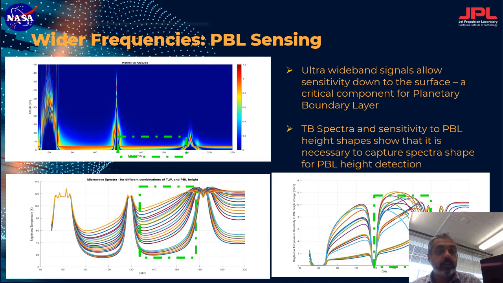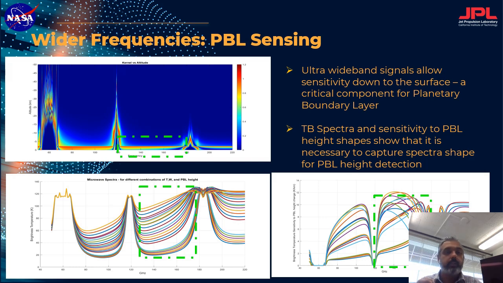So the top left plot is an example of that. Red means high sensitivity, blue means less sensitivity. The x-axis is frequency, the y-axis is altitude. So you can see at say 118 or 183, you have sensitivity to up in the atmosphere, but as you go around it and go between it, you start getting sensitive to stuff lower in the atmosphere where the PBL resides, and that's kind of what we're going for.